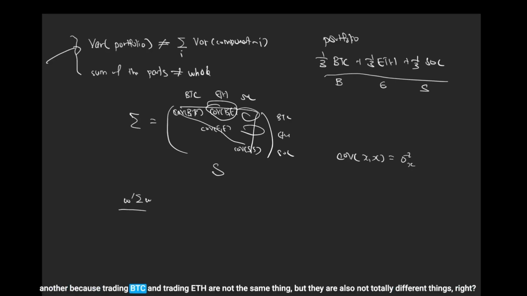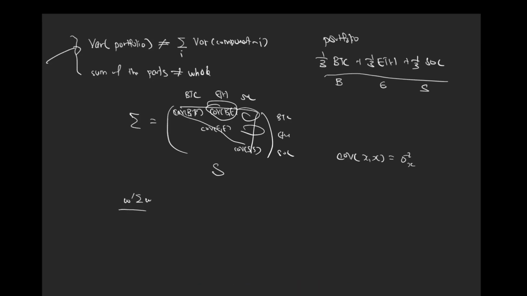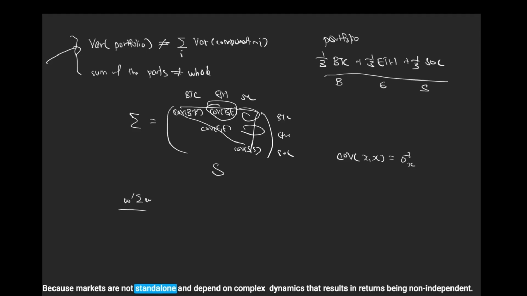Because trading BTC and trading ETH are not the same thing, but they are also not totally different things, right? We have some correlations between equity markets and cryptocurrency markets. We also have some correlations within the cryptocurrency market. We have BTC and ETH correlations, and we have these intricate relationships because markets are not standalone and depend on complex dynamics that result in returns being non-independent.